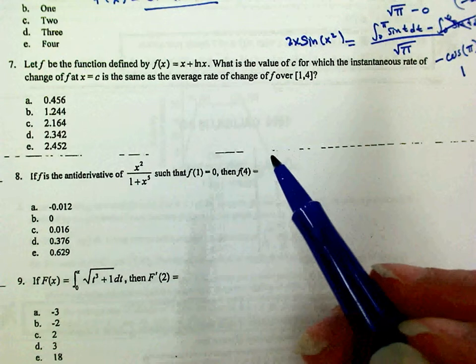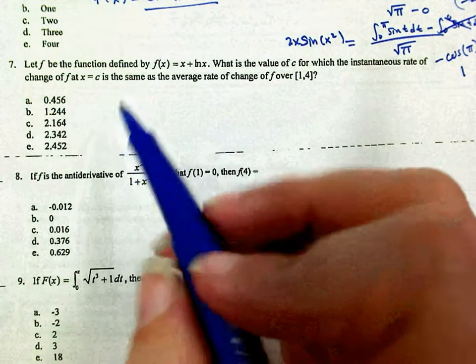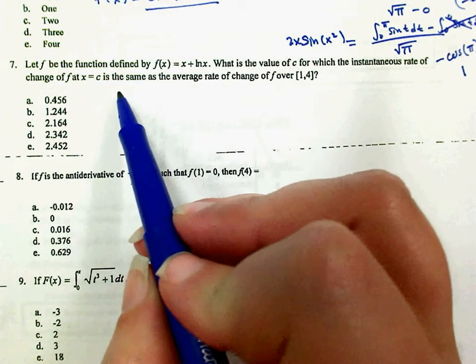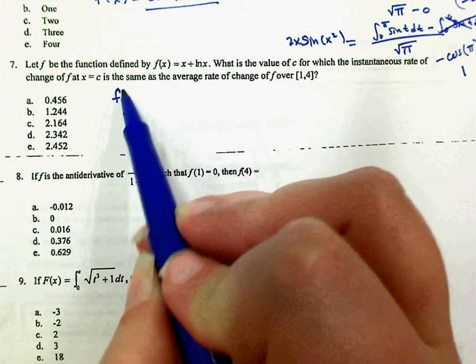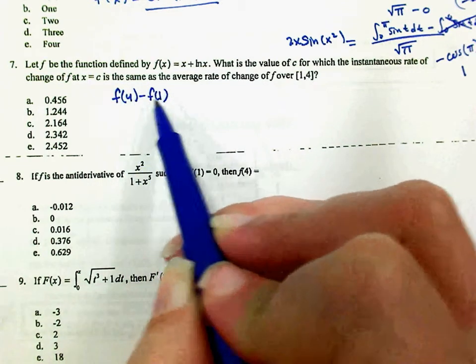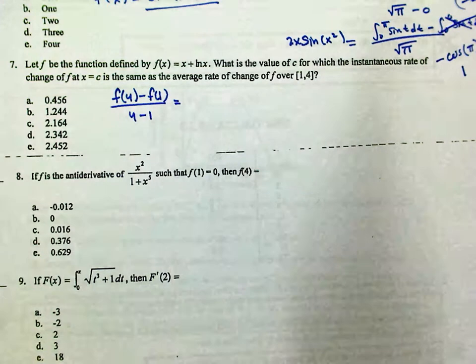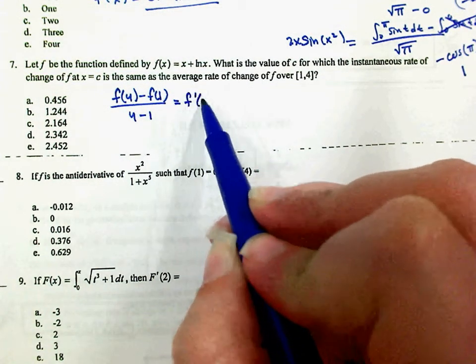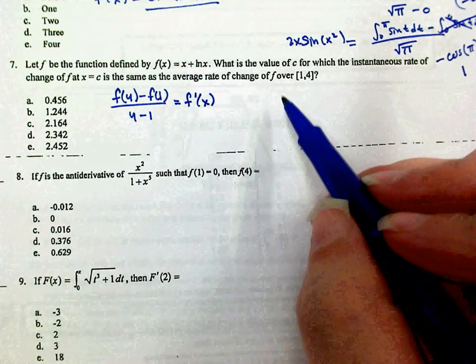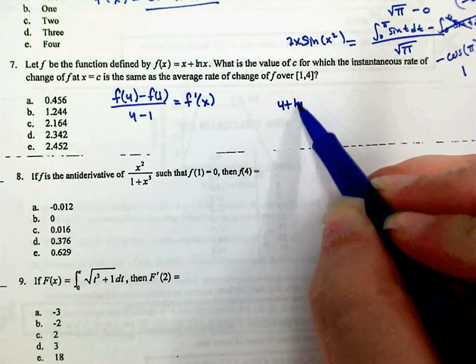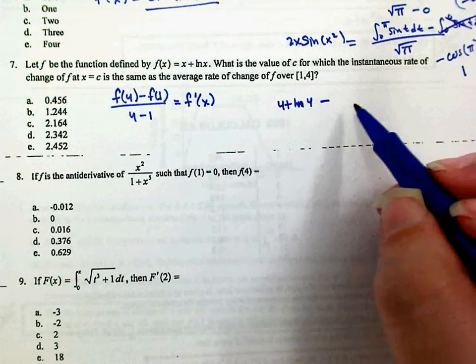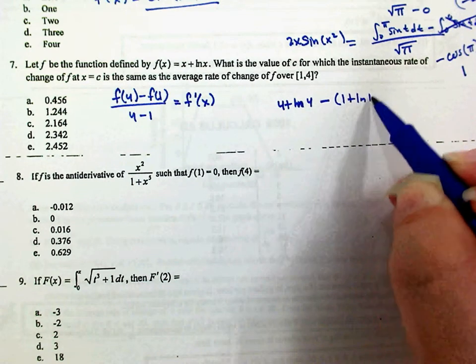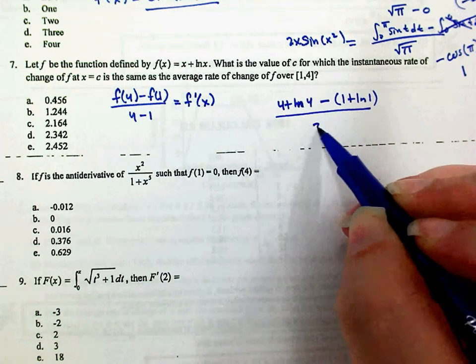So what does the mean value theorem say? And what does that have to equal? Which is? Okay. So let's plug in 4. So I've got 4 plus ln of 4 minus 1 plus ln of 1, over 3. And that equals, what's f prime?